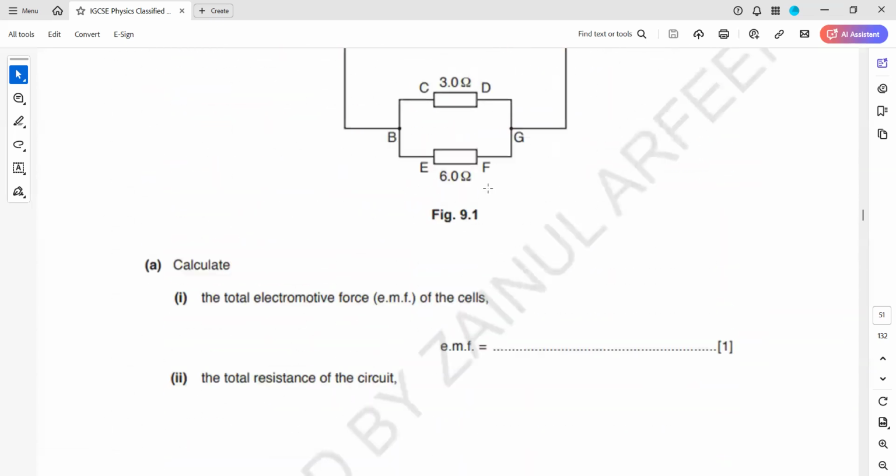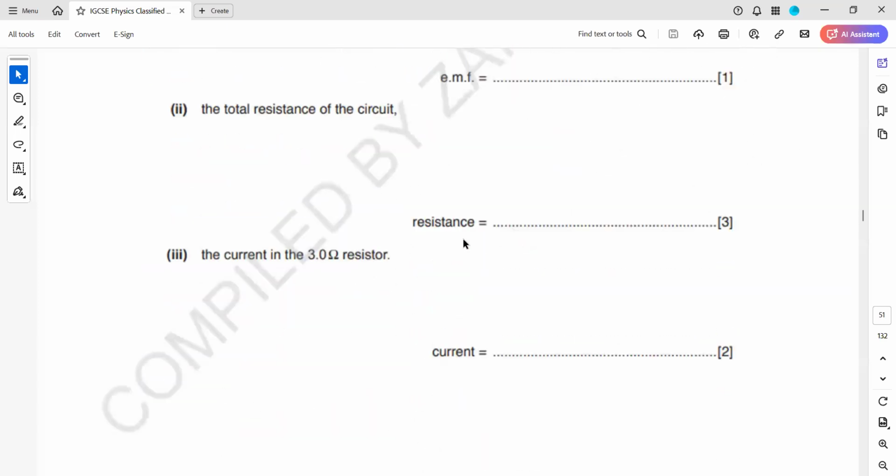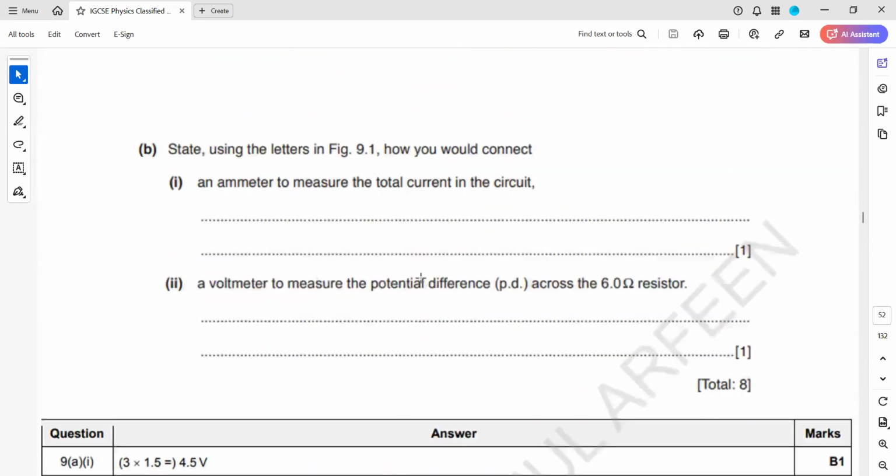Either you mention in series between A and B or in series between G and H. You have to say, connect the ammeter in series between A to B or G to H.